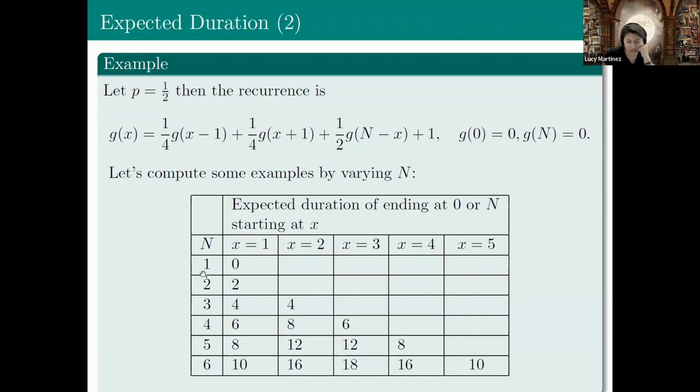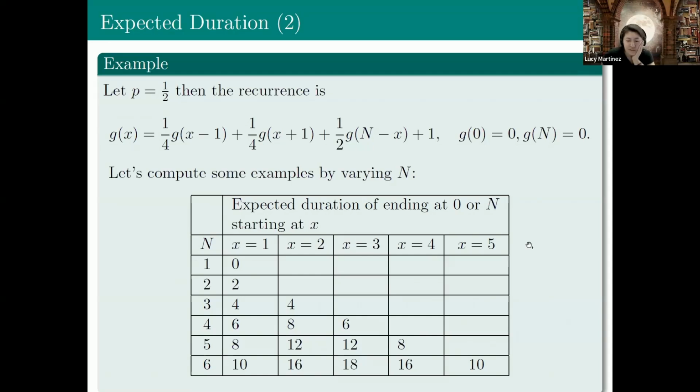For example, at n equal to 1, since the line segment is length 1, if you start at 1, then the particle has already reached n. So the expected duration of the game is 0. But for n equals 2, for example, x could be 1, since that's the only integer value between 0 and 2. And the expected duration here is 2.